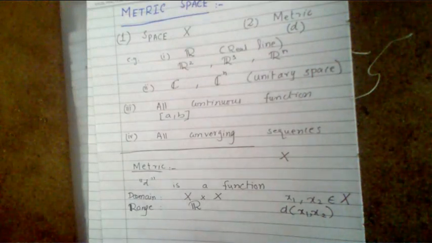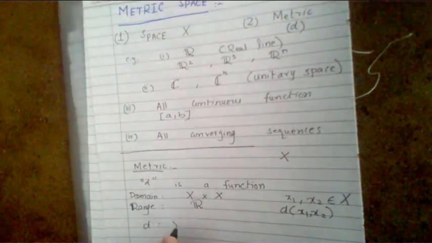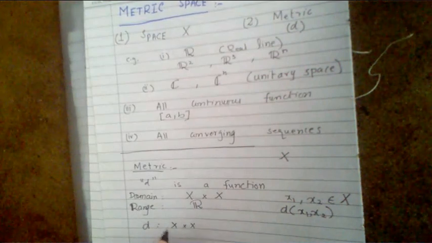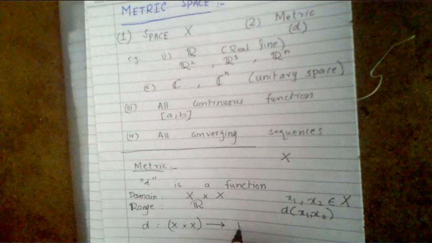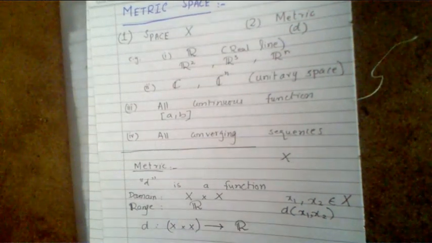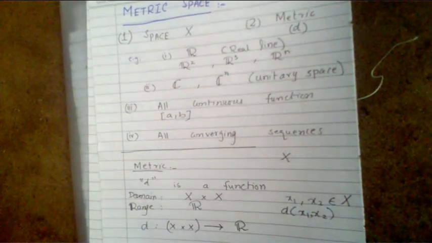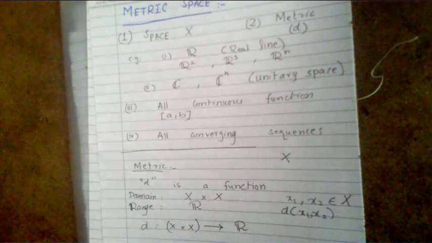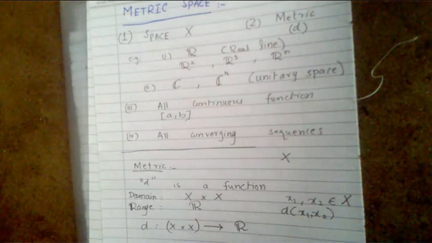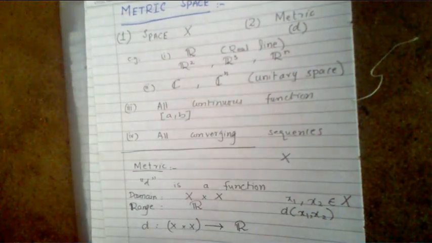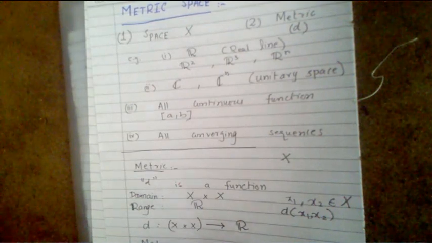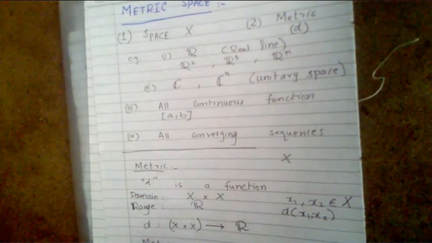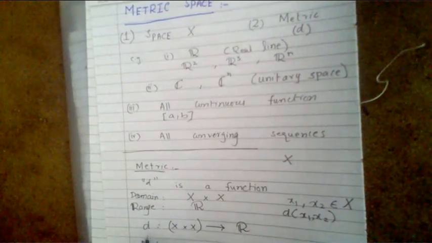This means that d is applied on the ordered pairs of X and results in values in real numbers. And it satisfies 4 important properties, called metric axioms. These are 4 axioms that must be satisfied by this metric.